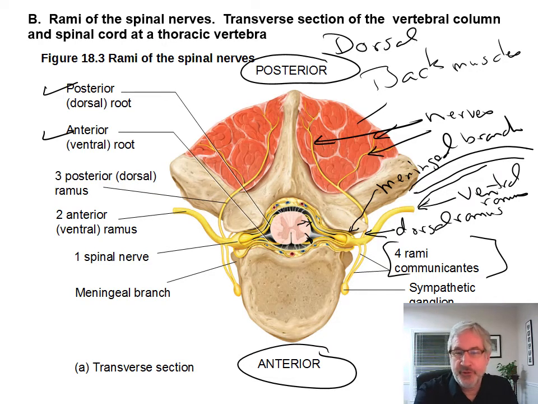You'll notice also that these meningeal branches, they come and they innervate, and this yellow that's up here, that's the fat tissue, okay, and the webby stuff that you see in there, that's your arachnoid mater.